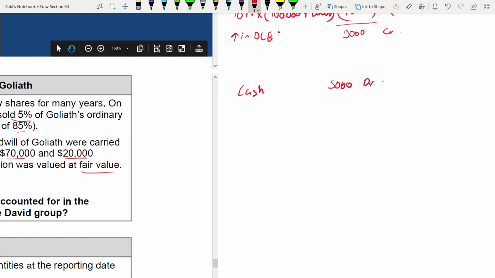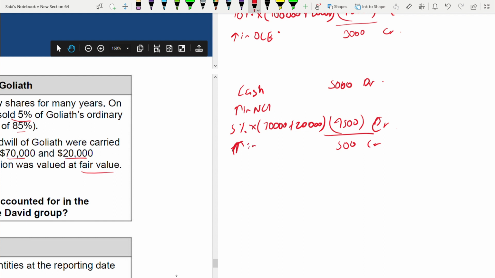Debit. Increase in NCI: how much? 5%. Of what? Net assets and goodwill. Net assets 70,000, goodwill 20,000. You have been given the figures. So 4,500, a credit balance. And you're left with 500. This is a credit, an increase in other components of equity.